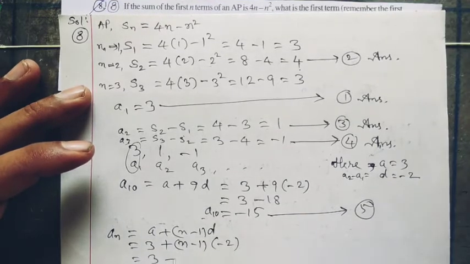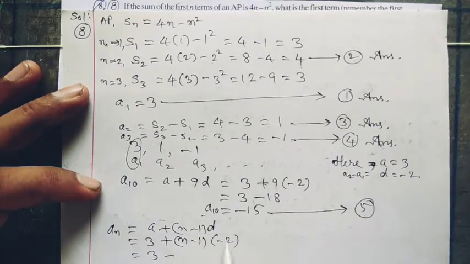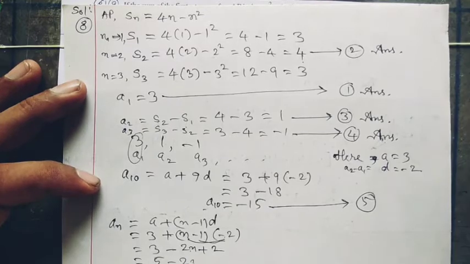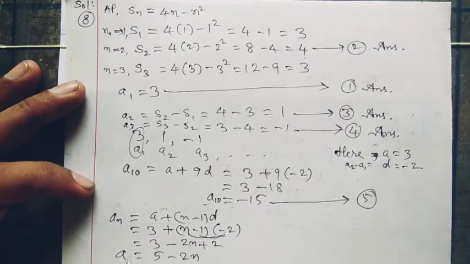So 3 + (n - 1)(-2). n twos are 2n. We have to multiply like this. n × 2 is -2n, minus into minus is plus 2. So 5 - 2n. So this is the nth term an.